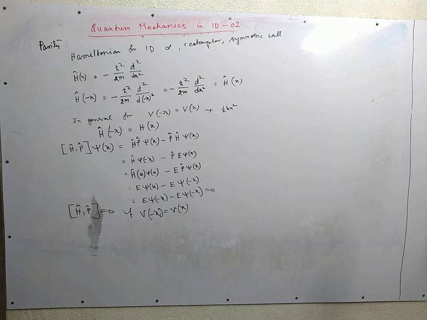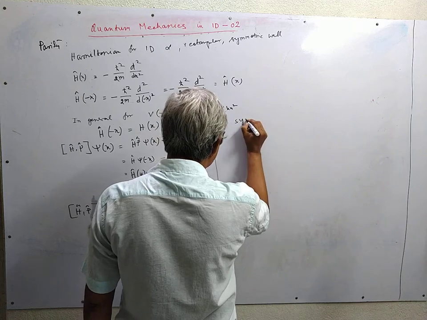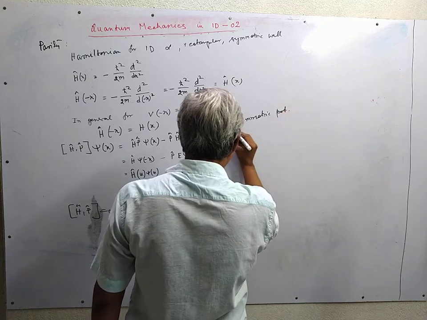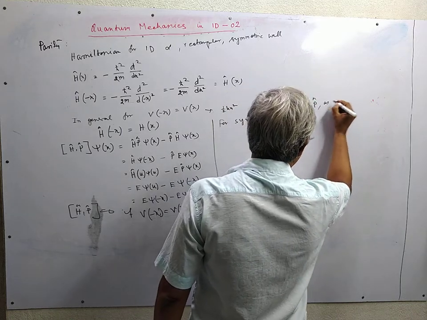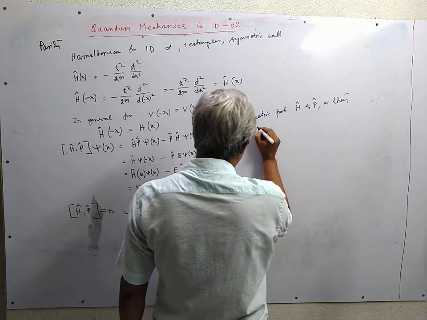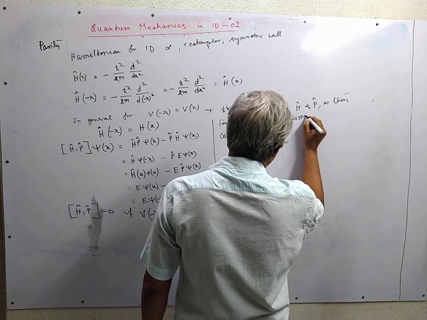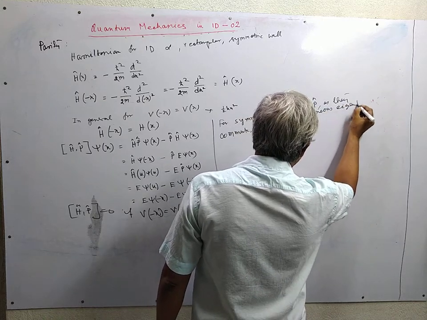So for such a symmetric potential, H and P will have simultaneous eigenfunctions. So the conclusion is that for a symmetric potential, H and P, as they commute, will have common eigenfunctions.